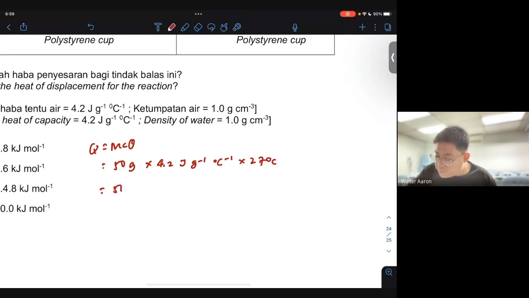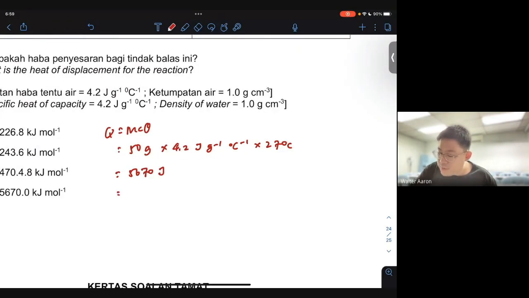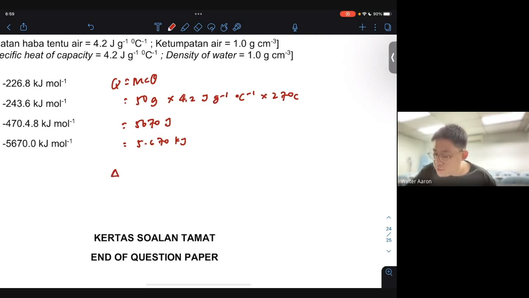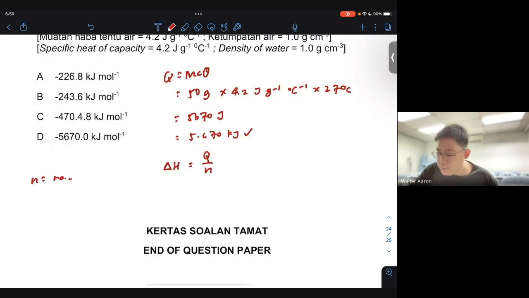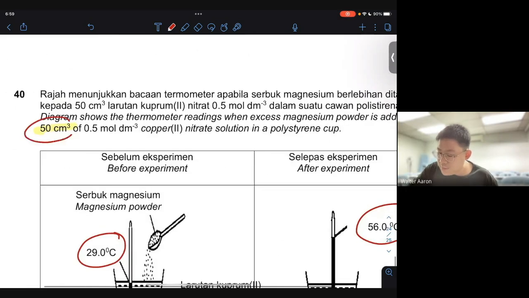All right, 5670 joules. And then convert it into kilojoules. It's easier, just divide by 1000. Then you get 5.670 kilojoules. Now you can calculate delta H. Delta H is equivalent to Q over n. We got Q already, we just need n right now. So n is the number of moles. Now you can see here we have one piece of information, which is 50 cm cube of 0.5 mole of copper 2 nitrate solution.